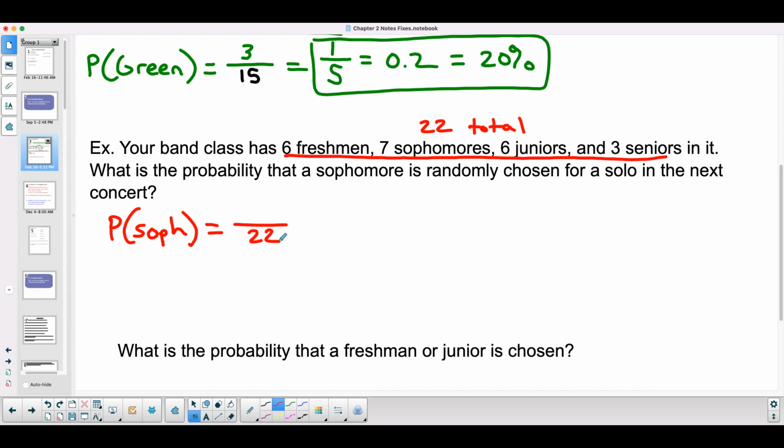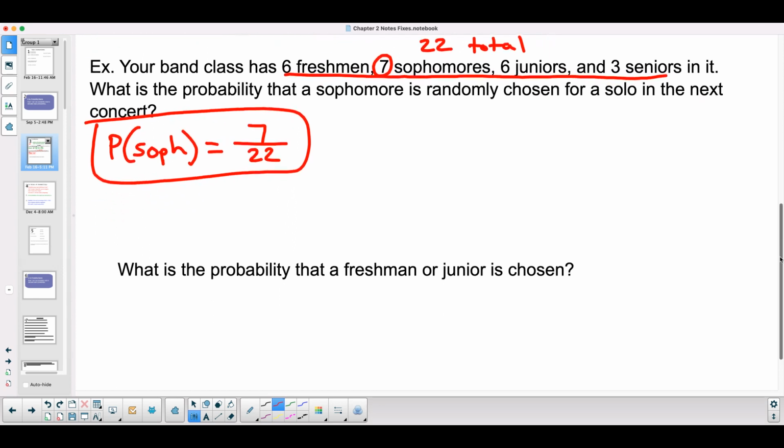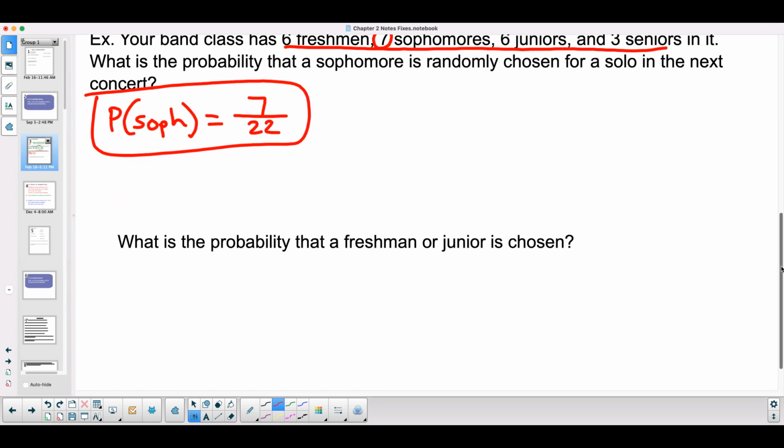And then however many sophomores there are, this time it's 7, that's what goes on the top. And that is a reduced fraction, so I would just leave that as the answer this time. Or you can give the percentage, it's in the 30s, I think. Or 0.3 something.